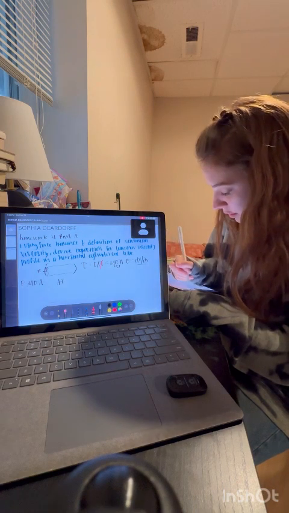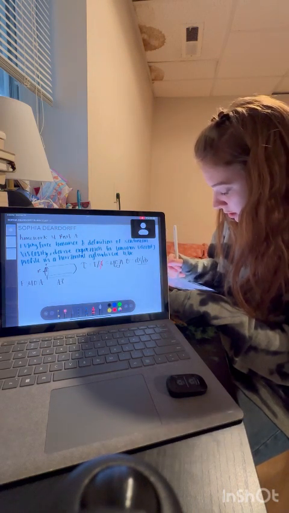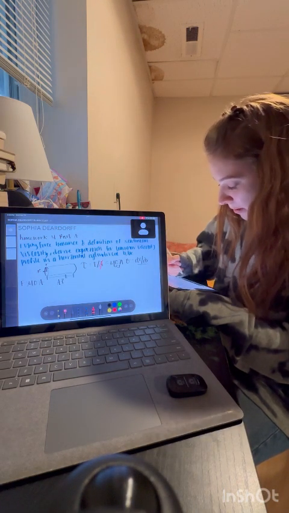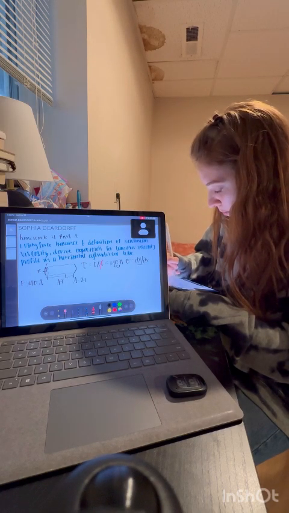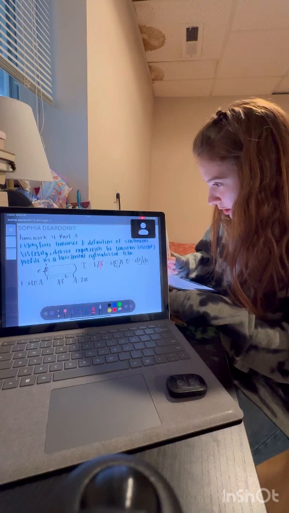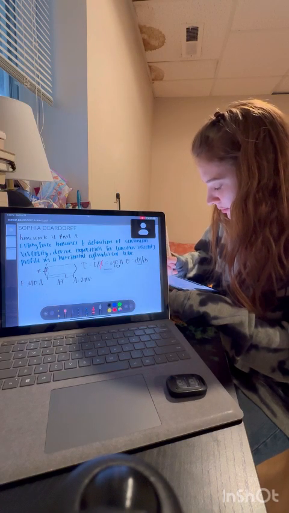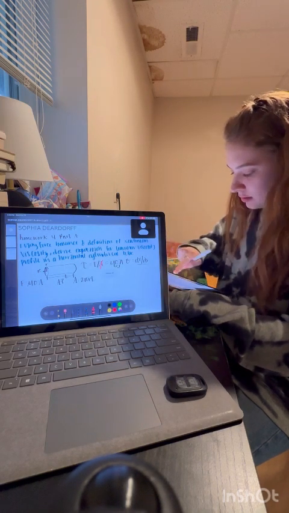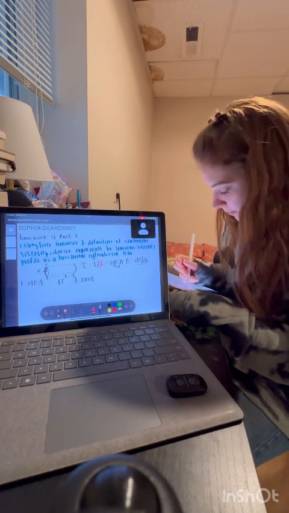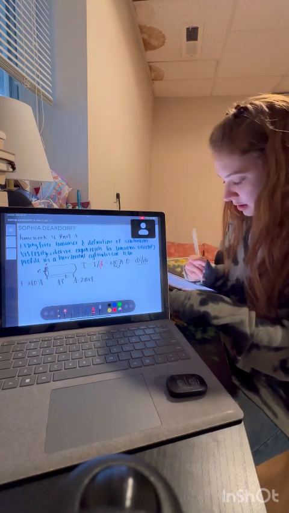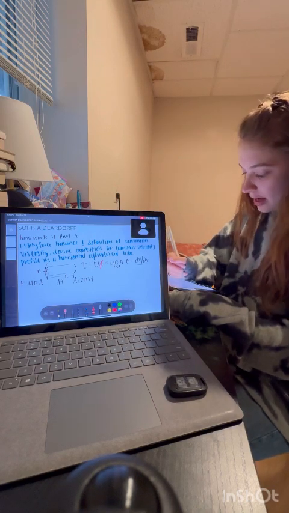So what is our area? Our area is going to be 2 pi r times L, because we are considering this over the length.